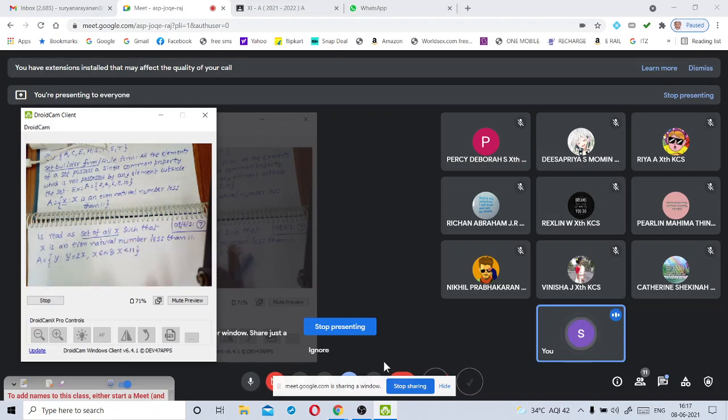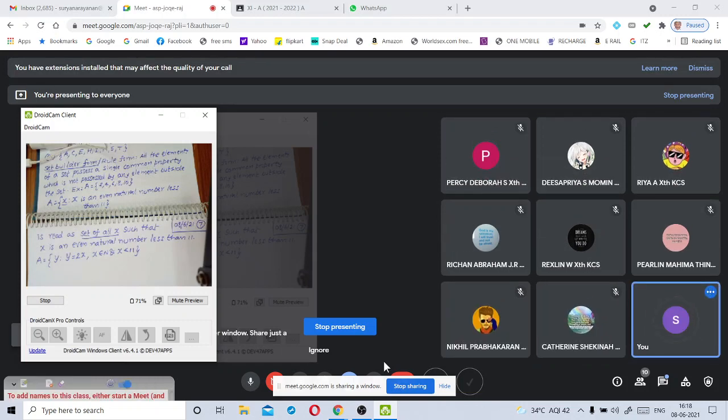In the set builder form, what is the main concept? What is the main concept in representing a set in the set builder form? Anyone can tell the answer? Anybody? What is the main point when you represent a set in the set builder form?